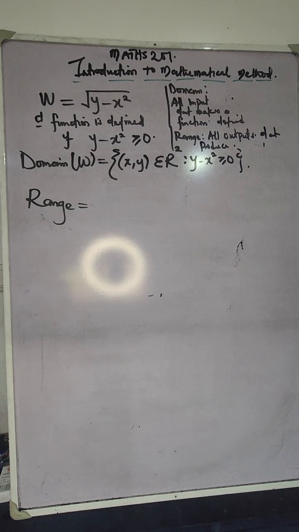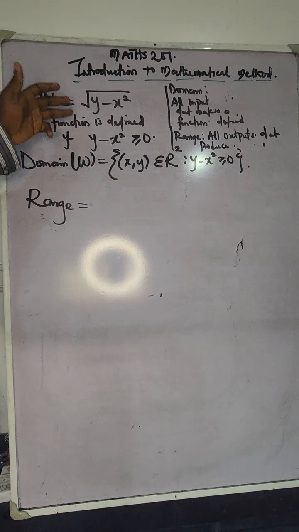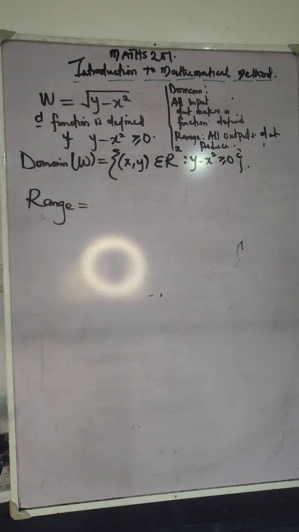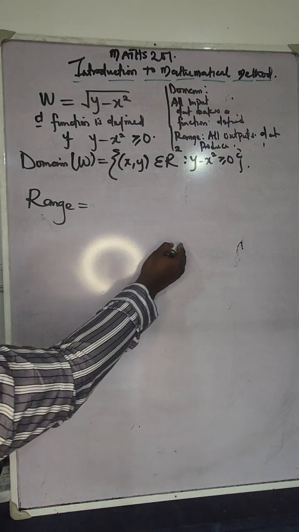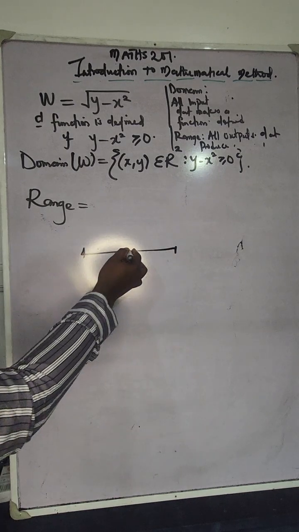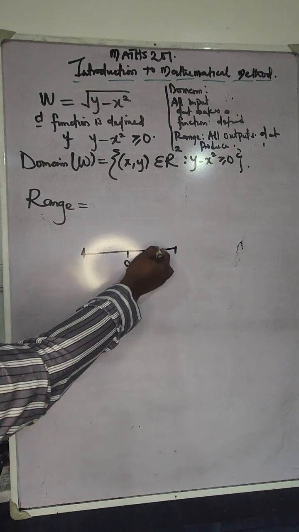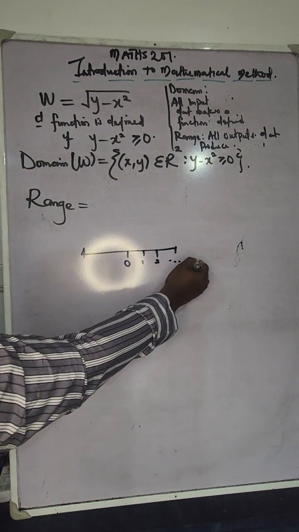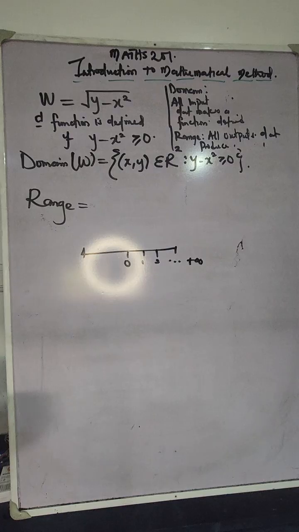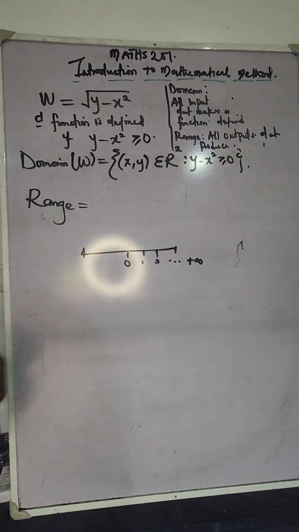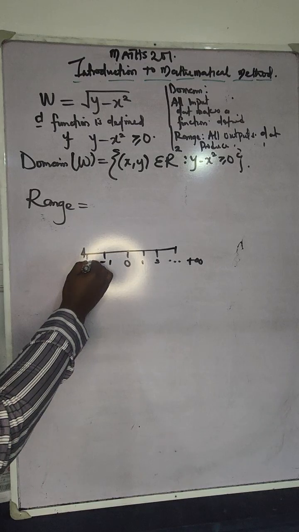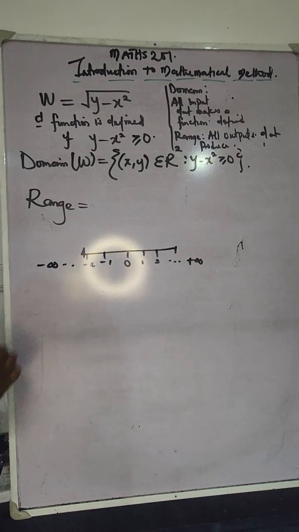All right. So to get the range of the function, we ask ourselves what is the smallest value that this can produce? Remember, our illustration was a number line. We start from 0, then 1, 2, as we approach positive infinity, and minus 1, minus 2, as we approach negative infinity.